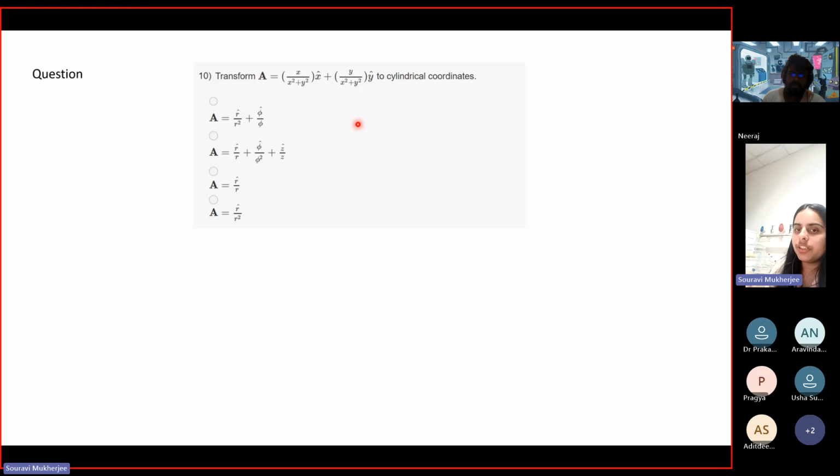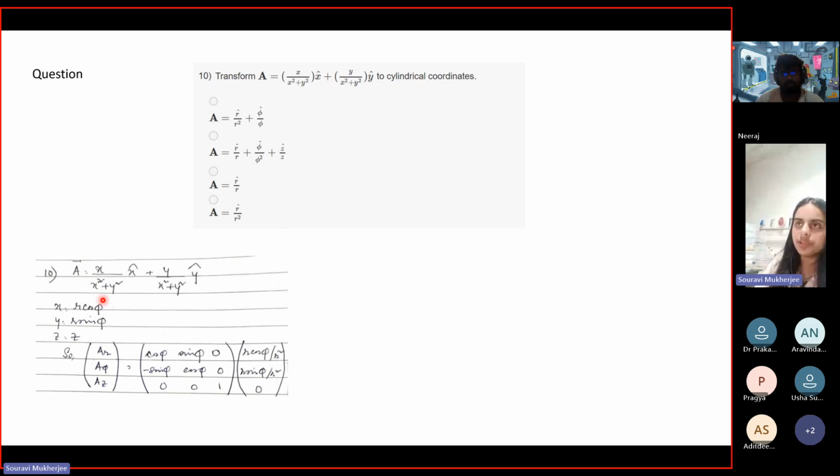We tried a question where we saw this transformation matrix, which tells us that you can write x cap as cos phi i cap minus sin phi j cap. You had these transformation relations in a previous question, so you have to do the same. Once you put that in, you get your expression, right?